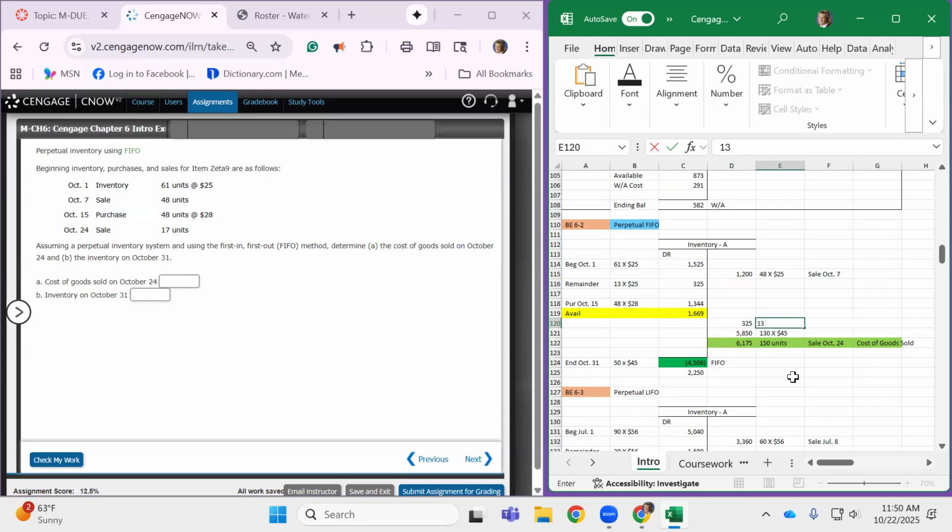Okay, 13 items times 25. Okay, and then we're selling 48 altogether. So we just got rid of our remaining 13. Now we'll get rid of 35. Right? So 35 and 13 is 48.